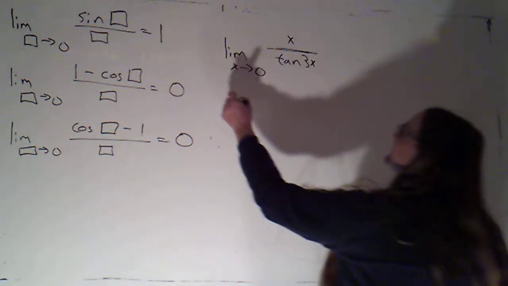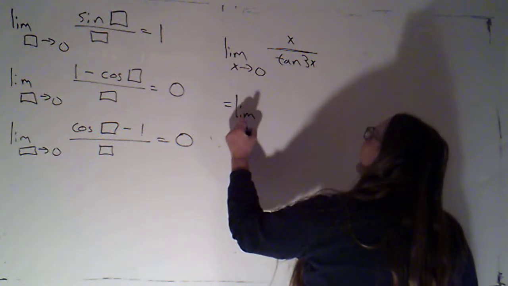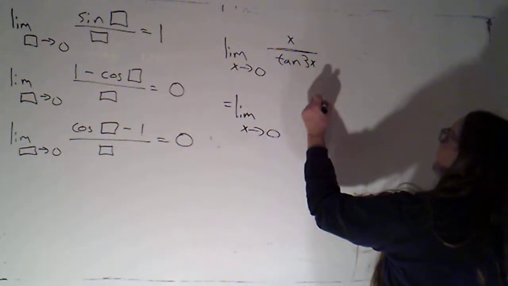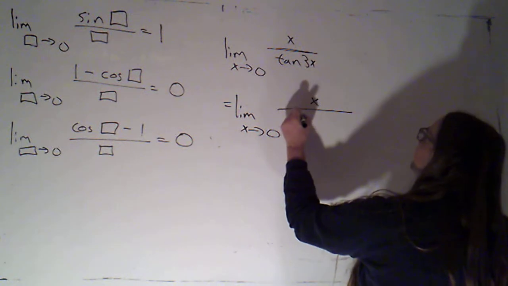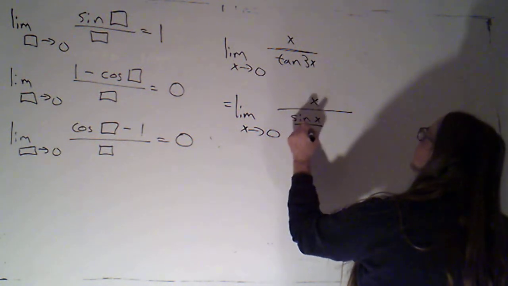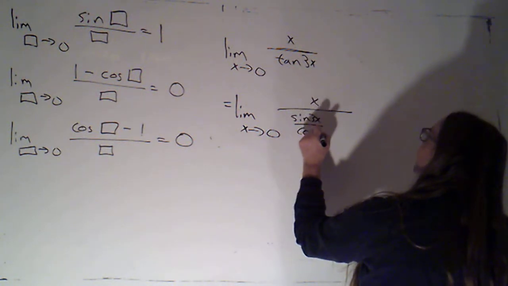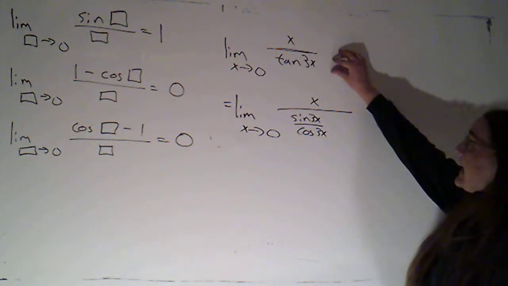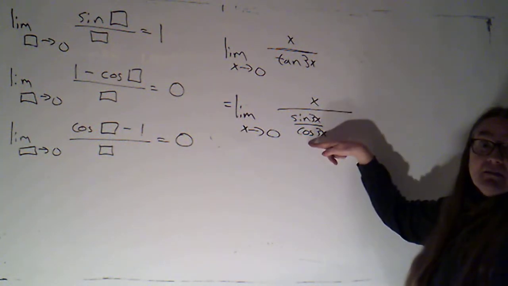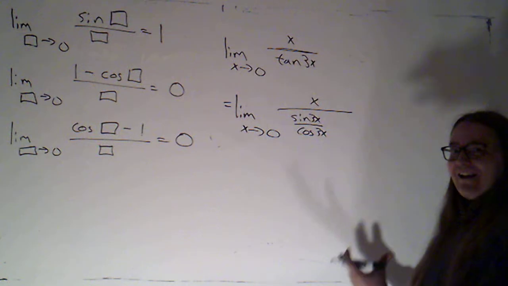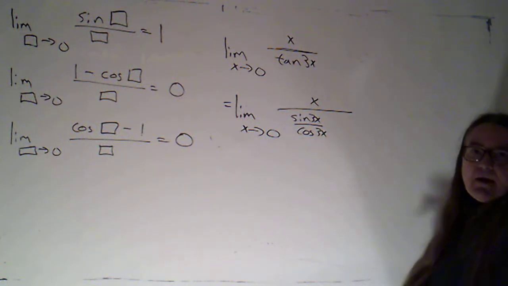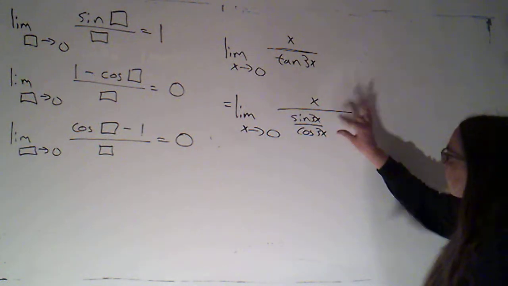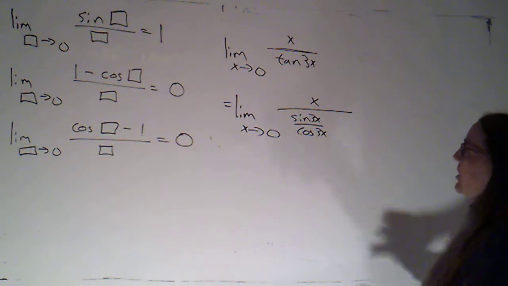We'll deal. Okay. So I'm going to rewrite this as the limit as x goes to 0 of x over sine 3x over cosine 3x. Because tangent, I know, is just sine over cosine. So tangent of 3x is sine 3x over cosine 3x. So that's getting things in terms of sines and cosines.